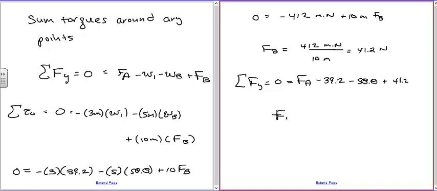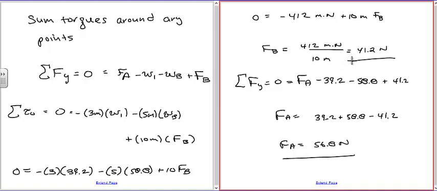So if you solve for F sub A, if you move them to the other side, it's going to be positive 39.2 plus 58.8 minus 41.2, and you get F sub A is equal to 56.8 newtons.